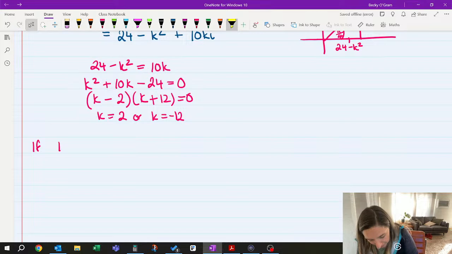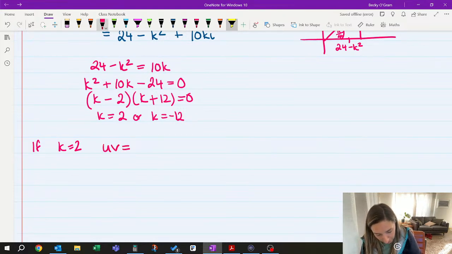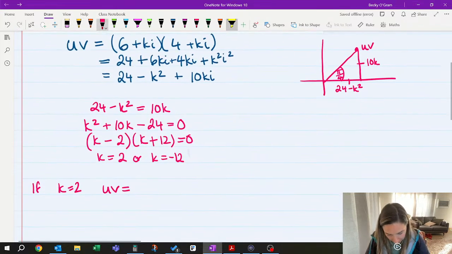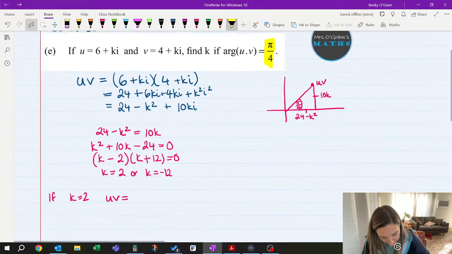So if k equals 2, we're going to test out what that means. So if k was to be equal to 2, we would then have uv from up at the... Oh, now everything's paused. Okay, there we go. Let me see if I can fit that all on.